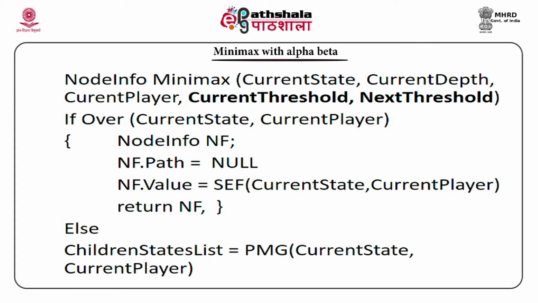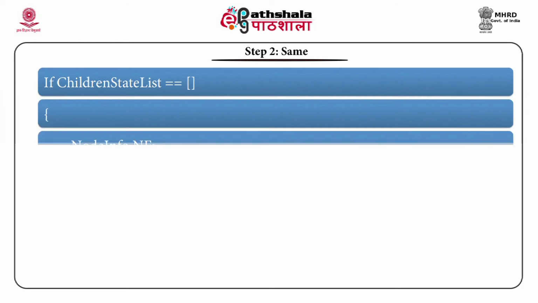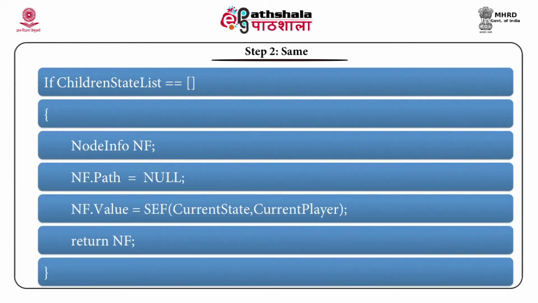The second step also remains the same. If there are no children, it's absolutely fine, treat it like a leaf node. Generate the value of path as null, generate the SEF and return it back. And why is this null? Because we have reached a dead end, a draw, or winning or losing by one of the parties.